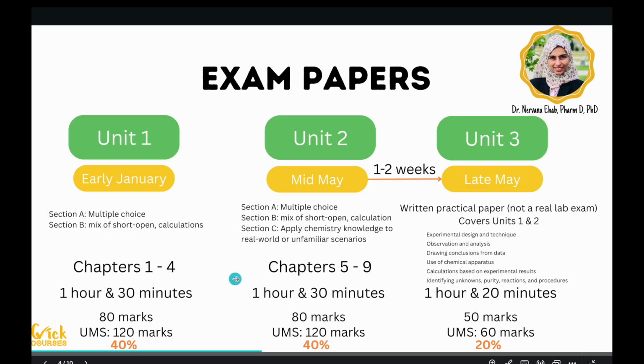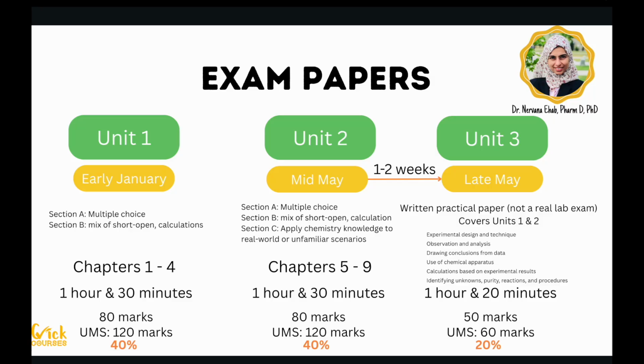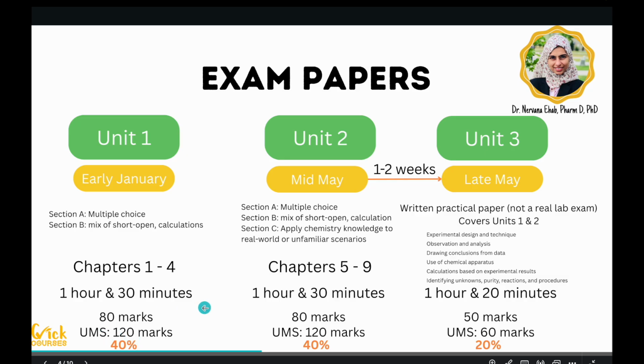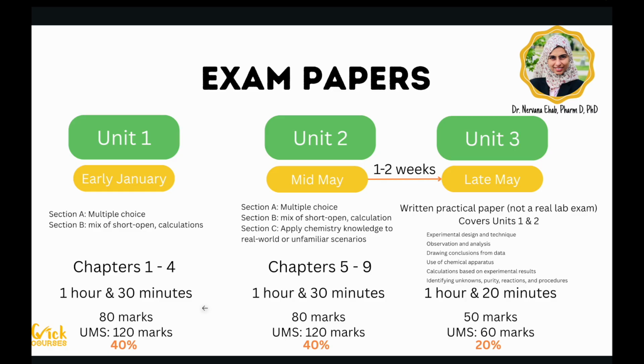But if it's a difficult exam, even though you may make a lot of mistakes, you may find yourself ending up with like 110 out of 120, or even 120 out of 120. So the more difficult your exam, the higher your score could be, depending of course on your performance.